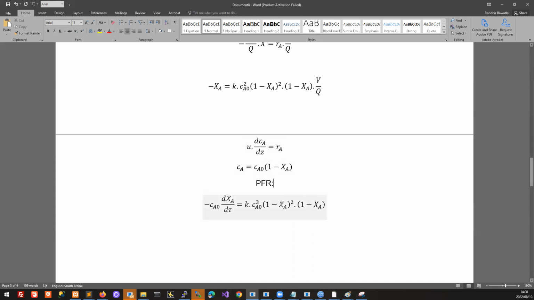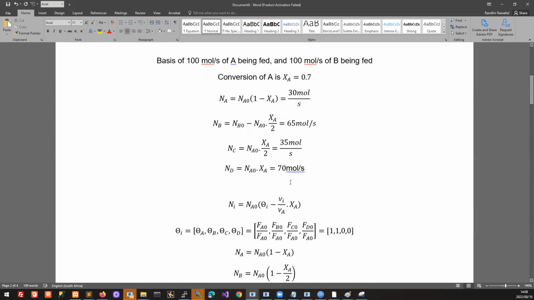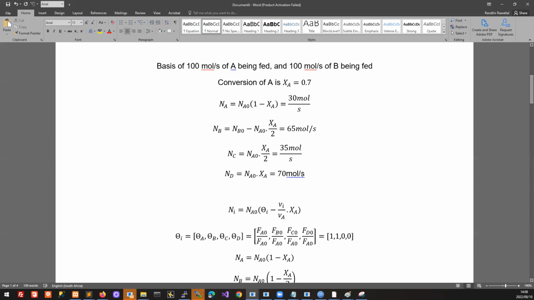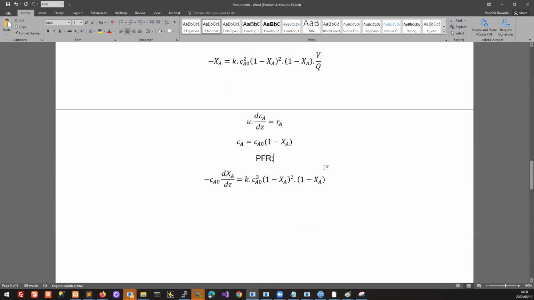Will that be higher or lower than the CSTR case? So I think it will be higher than the CSTR for the same volume.